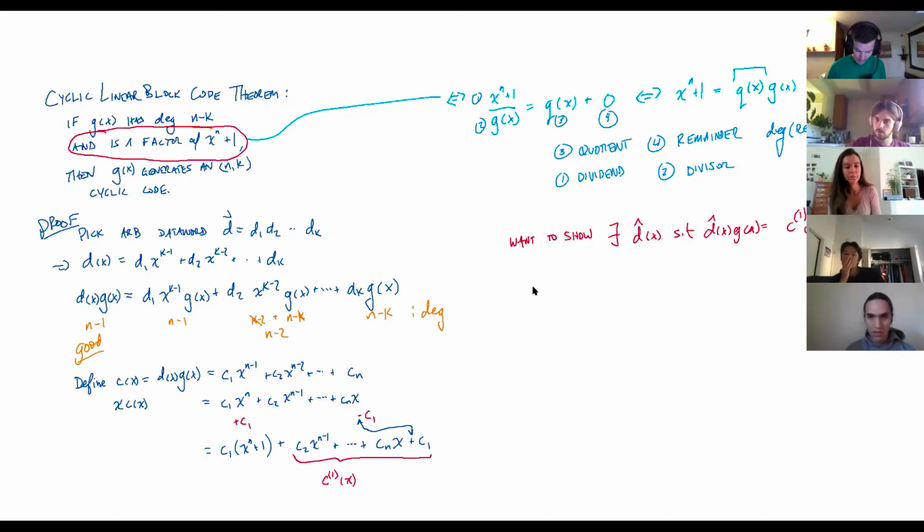So if I write g of x as a factor of x^n plus 1, then we know, by assumption, that x^n plus 1 equals a quotient times g of x. That was assumed a feature of g of x.